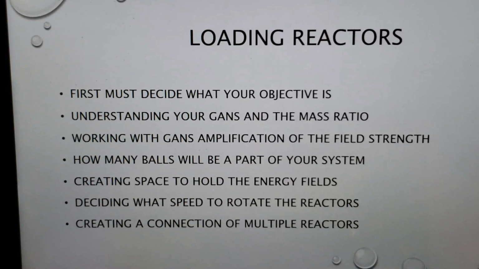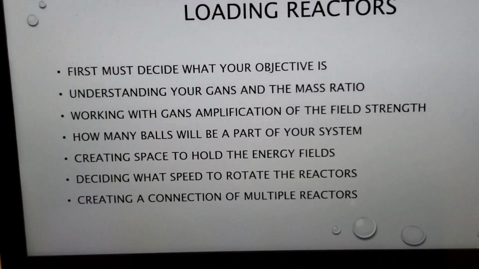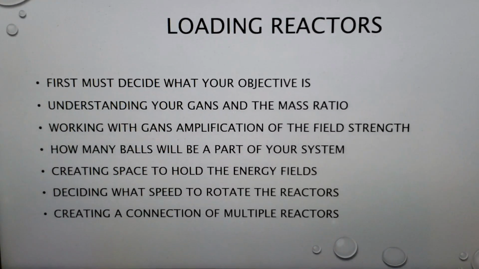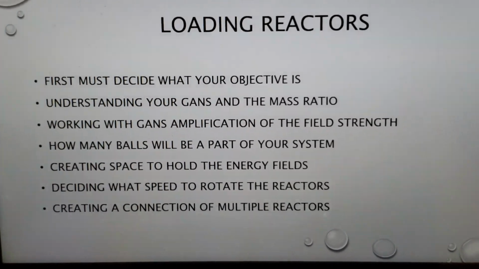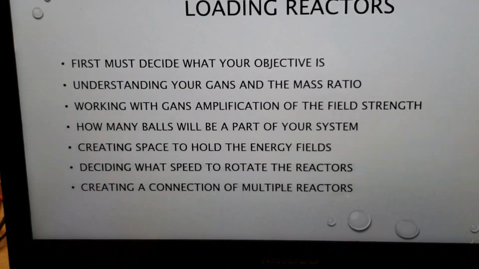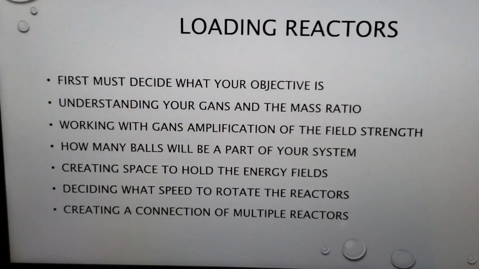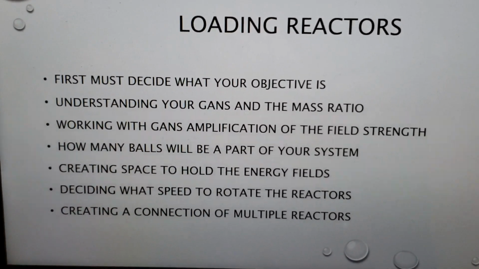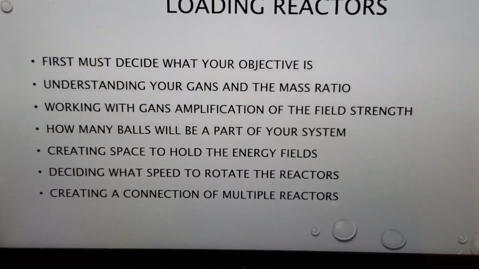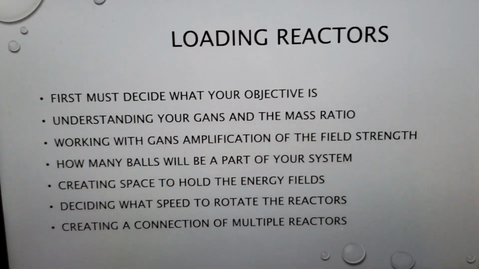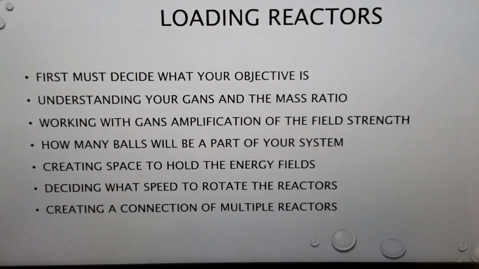So for example, if you put a small amount of one material in one ball and then a larger amount of the same material in an outer ball, then the fields from the weaker will be fed by the stronger. So if you had a higher mass ratio on the outside and a lower mass ratio on the inside, there'd be a tendency to contract the fields in to feed the weaker.